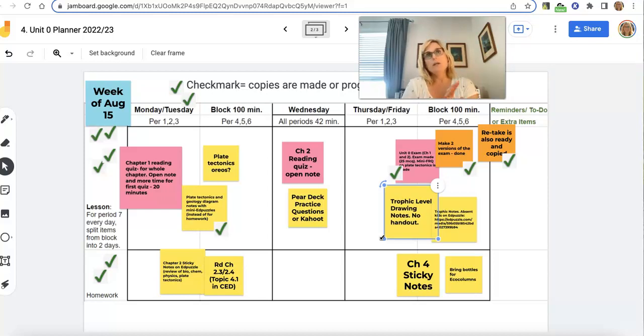If you're following the order of the CED exactly, then your trophic levels and food chains and energy pyramids are going to come at the end of Unit 1. I like to go in the order of my textbook, kind of.